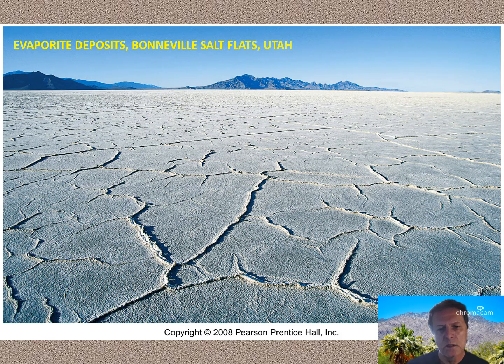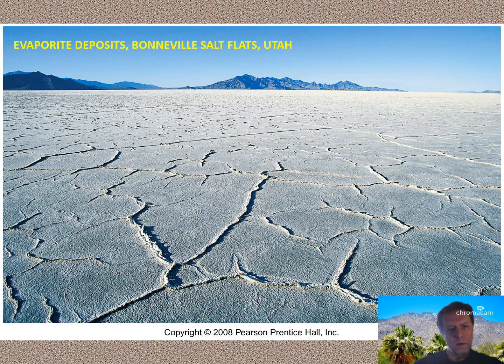This is Utah, the Bonneville Salt Flats. This is a desert region. Now the desert doesn't have a lot of water, but it does have water. Water flows from the surrounding mountains, carrying many minerals dissolved within it, reaches this flat area and evaporates because of the desert heat.